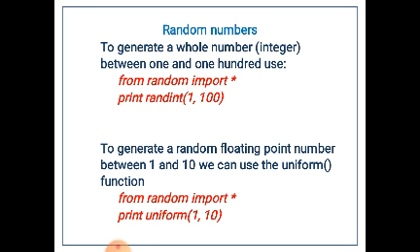To generate a random floating point number between 1 to 10, we use the function uniform. So: from random import *, print uniform(1, 10). 1 is the starting number, 10 is the last number, which displays us the floating numbers.